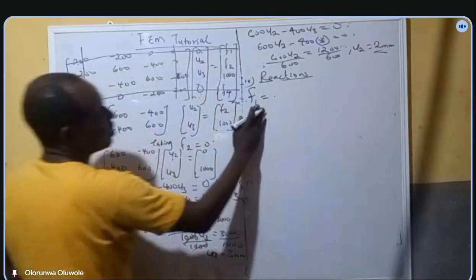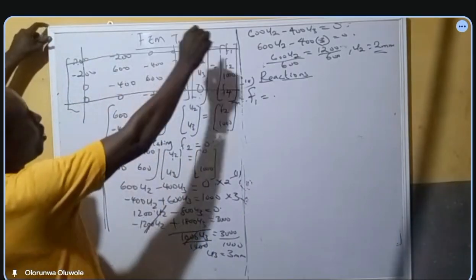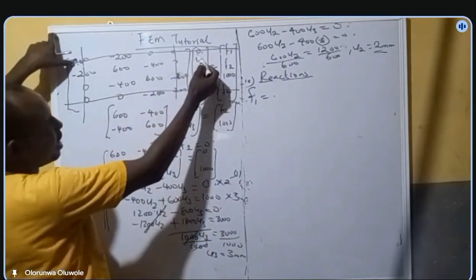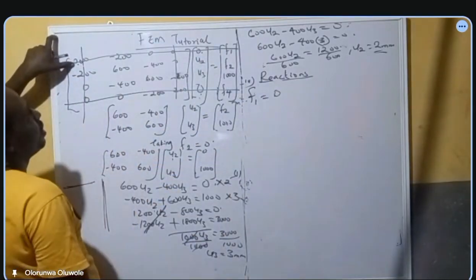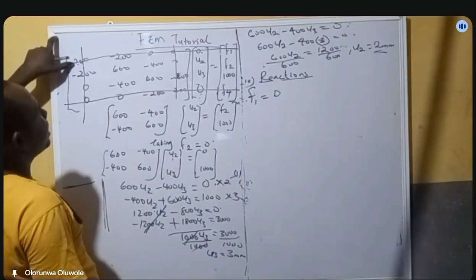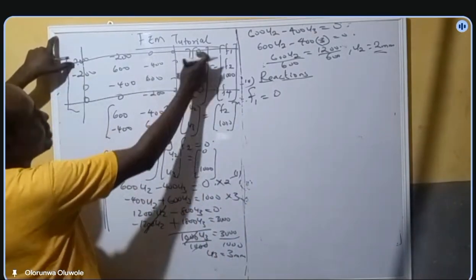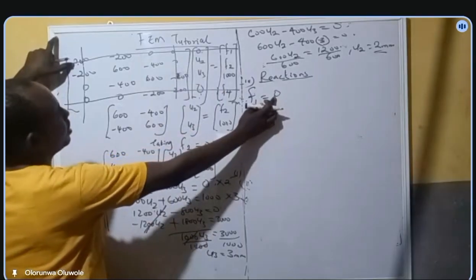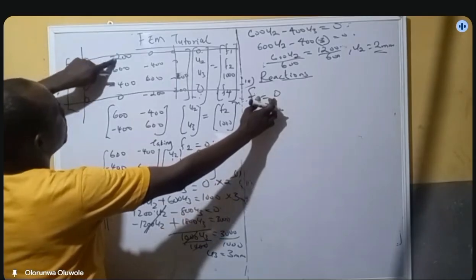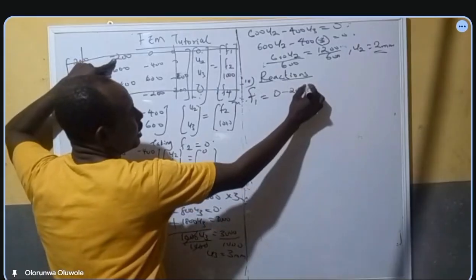Okay, look at it. Multiplication, F1. We are going like this. Row times column. 200 times 0 gives me a 0. Do you agree with that? Yes. Do you agree? 200 times this 0 here gives me a 0. Yes or no? Yes. Minus 200 times U2 gives me minus 200 U2.